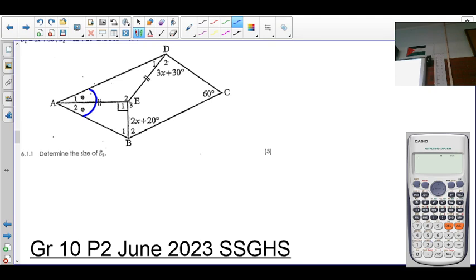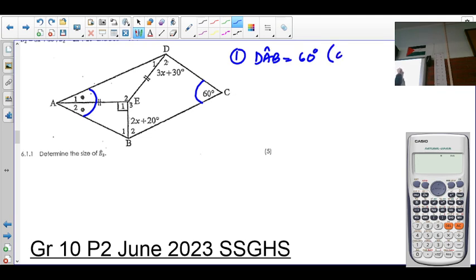Not so. Why? Because A1 and D1 are equal, A1 and A2 are equal, and we know that A1 and A2 together is equal to 60 as well. Why is that the case? Because opposite angles in a parallelogram are equal. So I'll start off by saying angle A, which is DAB. There are many angles at A, so it's better for us to name it properly. So DAB is equal to 60 degrees.